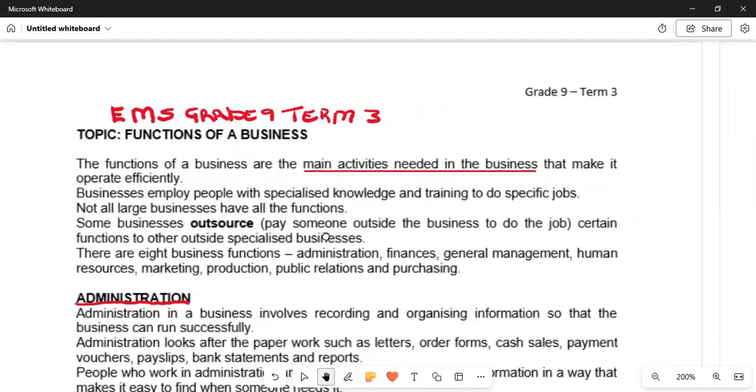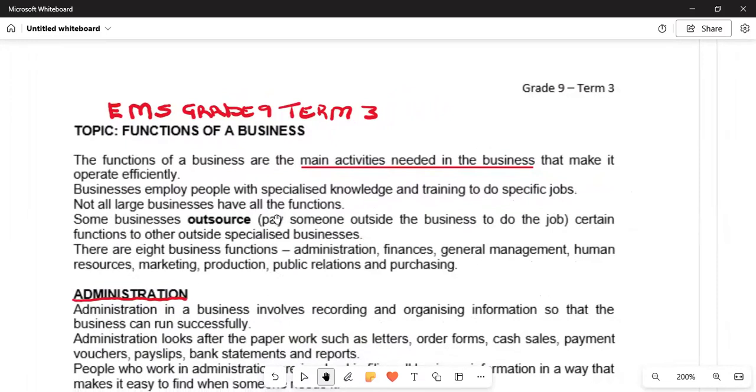As it says, the functions of business are the main activities needed in the business that make it operate efficiently. What that means is that the business functions refer to the essential activities or departments within organizations that work together to achieve goals and objectives.